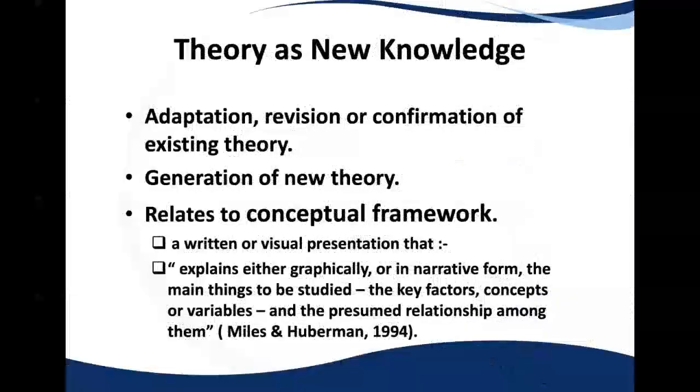Then, of course, the final way in which you are expected to think about theory is when you think about theory as new knowledge. When you have studied an area, you come into an area with theory that you use as paradigm, and that theory helps you to describe the ontology and so forth.